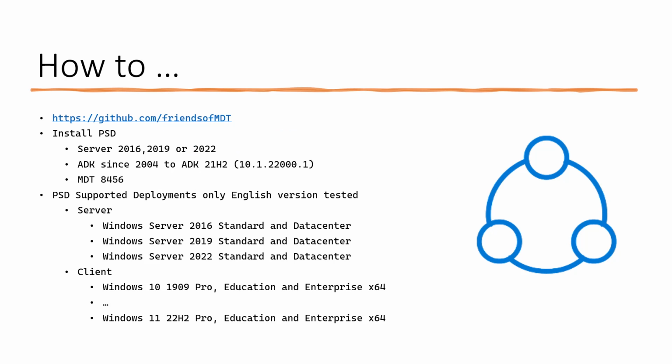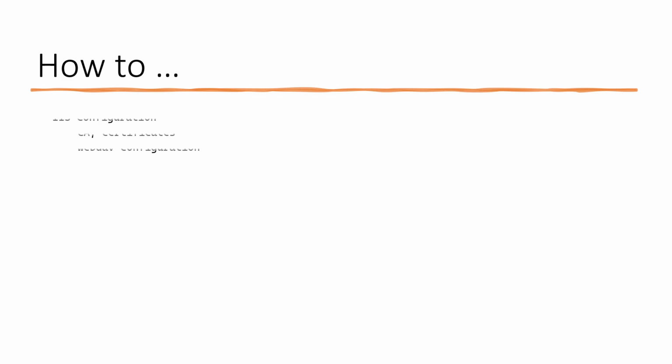Which steps do you use, test or implement to set up a correct PSD? First step: if you want to benefit from P2P, BranchCache and others, or HTTPS, you need to install Internet Information Services.